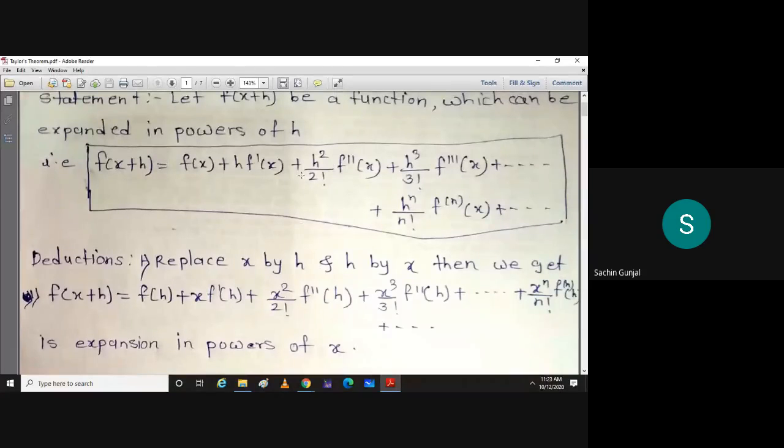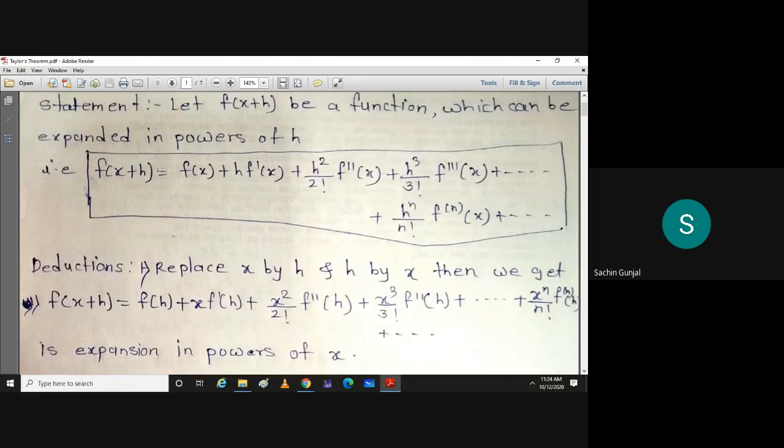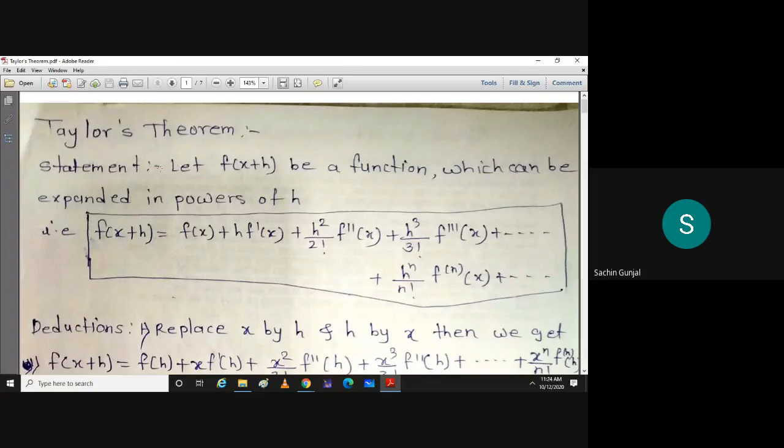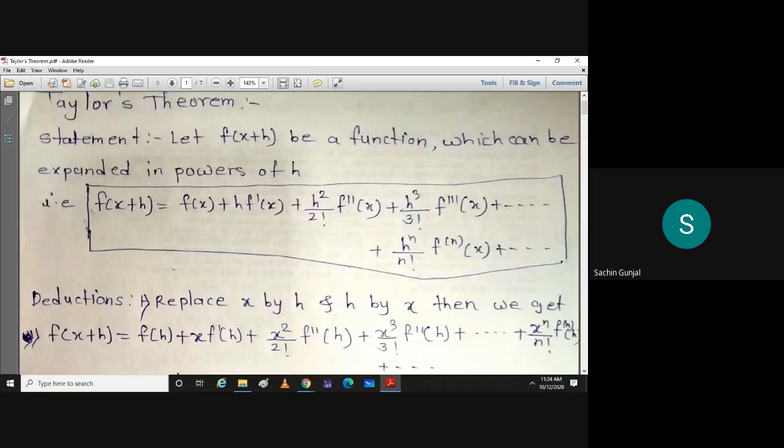Note that both these statements are the same; we are just renaming variables. Then give a title, Taylor's theorem or Taylor's series expansion, and under that, write down this statement.